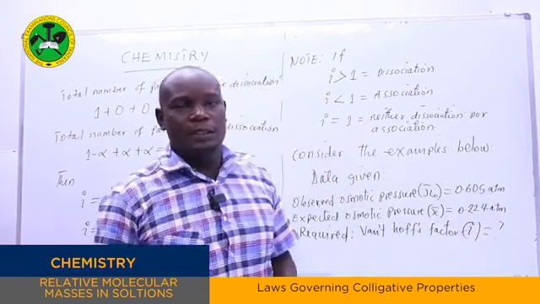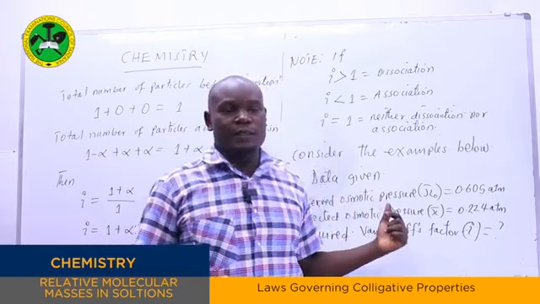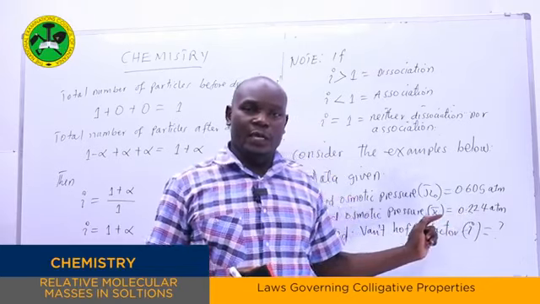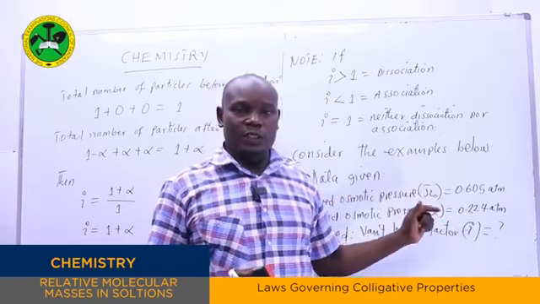As we discussed, to determine the Van 't Hoff's factor, we just take the observed osmotic pressure over the expected osmotic pressure.